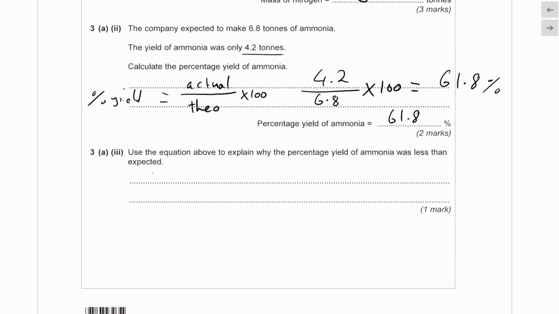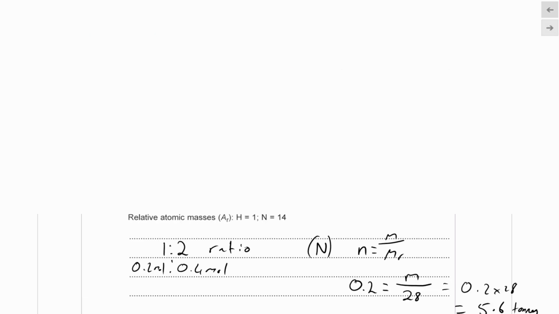Okay, and so our answer is going to be that the reaction is reversible. Okay, so it's only a 1 mark question. Saying the reaction is reversible is completely enough, okay? Some of the product, which is ammonia, will re-react and form the reactants, all right? So we're not going to get 100% yield. Okay, that's more than enough.